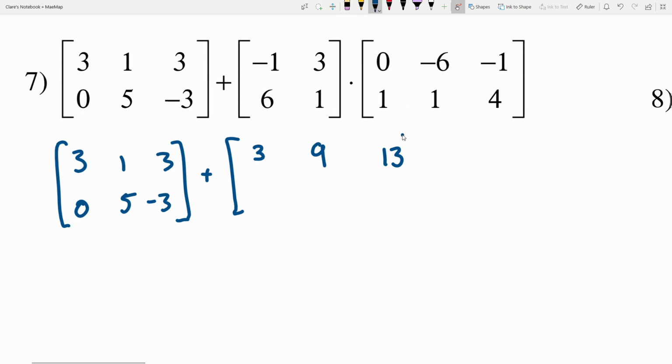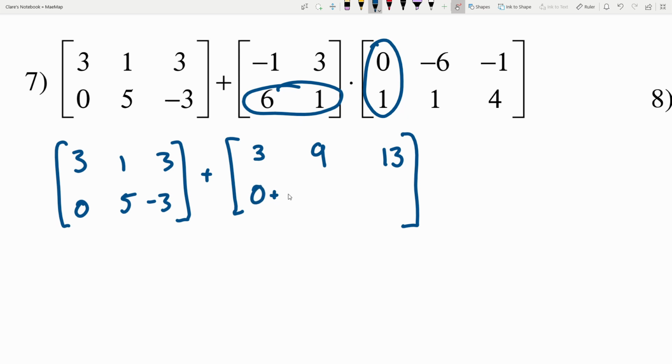Now I've got my first row complete, so all I gotta do is my second row. So that's going to be 6, 1, dotted with 0, 1. 6 times 0 is 0, plus 1 times 1 is 1, so 0 plus 1 gives me 1. Now, dotting my second row with my second column, 6 times -6 is -36, and I'll be adding that to 1 times 1, which is positive 1. -36 plus 1 is a -35.